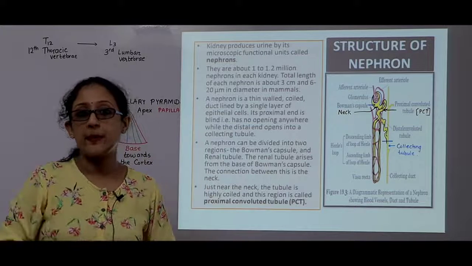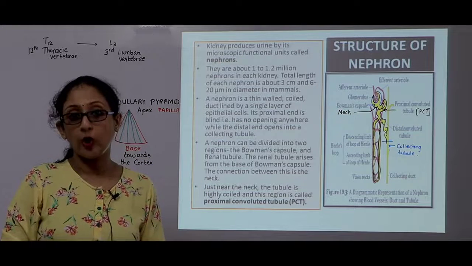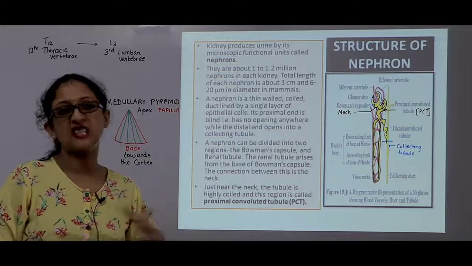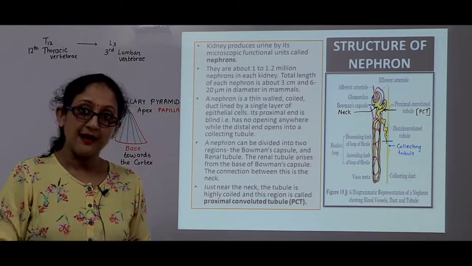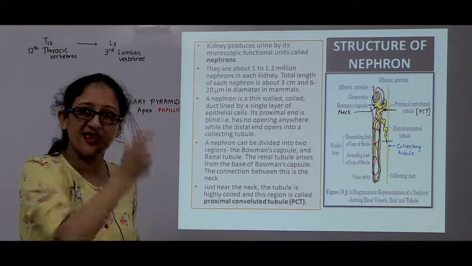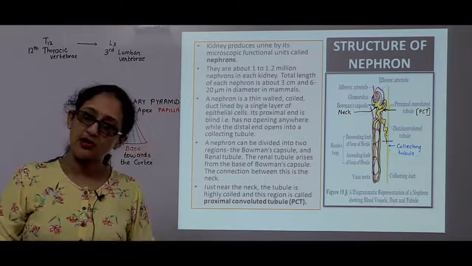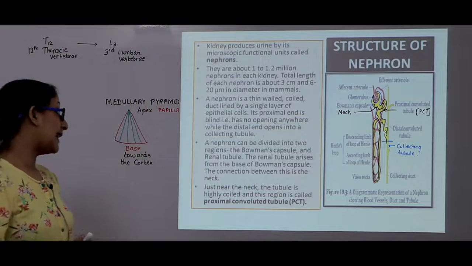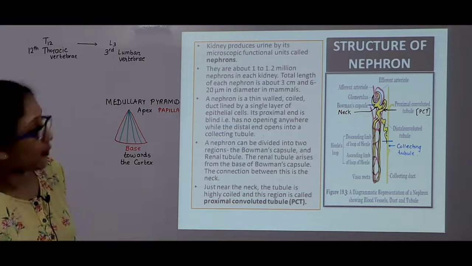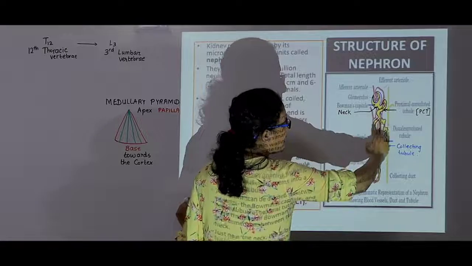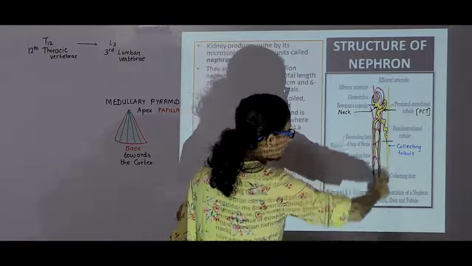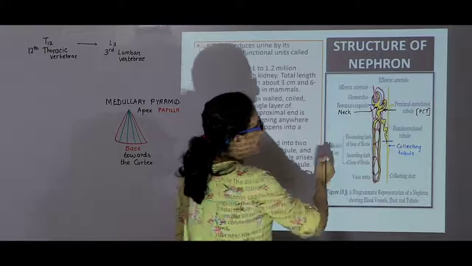So the PCT is the proximal convoluted tubule, the first part of the renal tubule. After that, there is a U-shaped structure called the Henle's loop. The proximal convoluted tubule is highly coiled, and then you have a U-shaped structure called the Henle's loop.